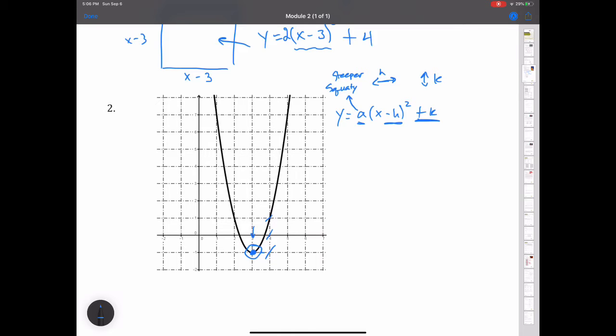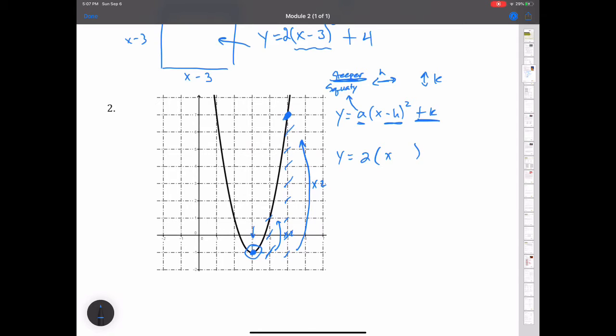So it looks like I'm actually having a factor multiplied by 2. And then I'm going to check that. I go over 2, and go up 1, 2, 3, 4, 5, 6, 7, 8 is the next time that I hit one of those corners, right? So this is, in fact, a multiplier of 2. So that means that I'm getting steeper by a factor of 2. So I know that that a is going to be 2, okay?